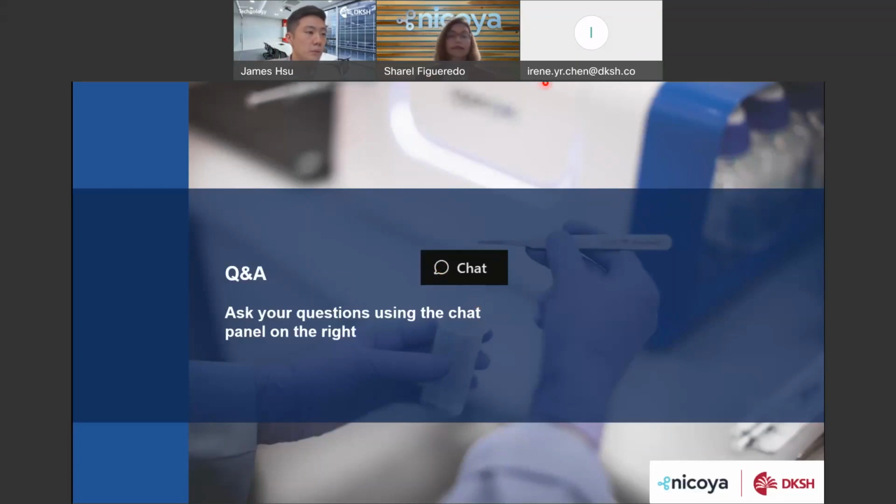Sharel, may we check if we can reuse the probes? Yes, we can use the sensor chips again. So we have regeneration buffers that remove the analyte, as you saw, that then once, let's say, the first experiment was completed, you can next test a different analyte.